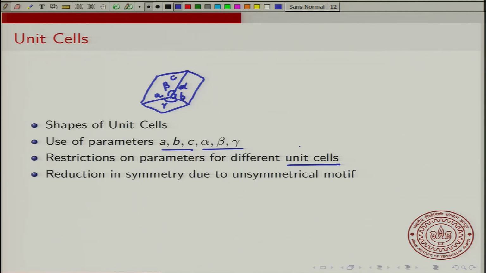Now, what we earlier saw is that your crystal is a lattice plus basis, and we also saw that these unit cells can be related to Bravais lattices.